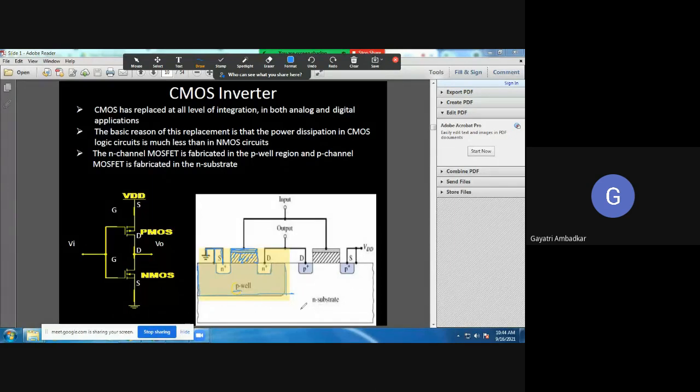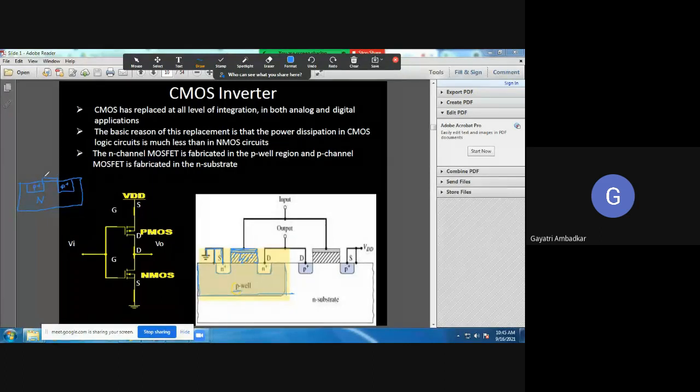Now if you want to make a P-channel E-MOSFET, it will be opposite to that of the N-channel E-MOSFET. Here you have a substrate made up of P region. There you want a substrate made up of N region. So there the substrate will be made up of N-type semiconductor, and in that N-type semiconductor we will form two P regions, and our gate will be above the SiO2 layer.